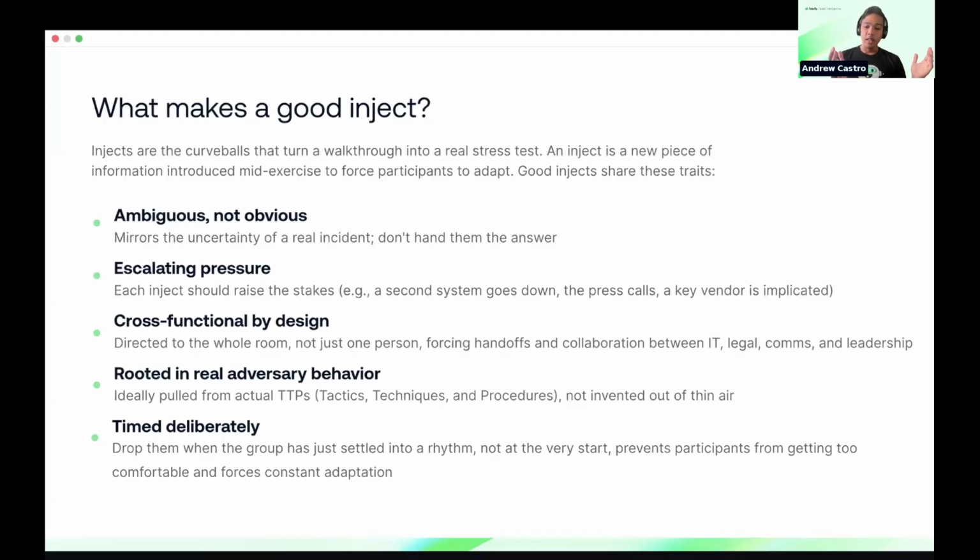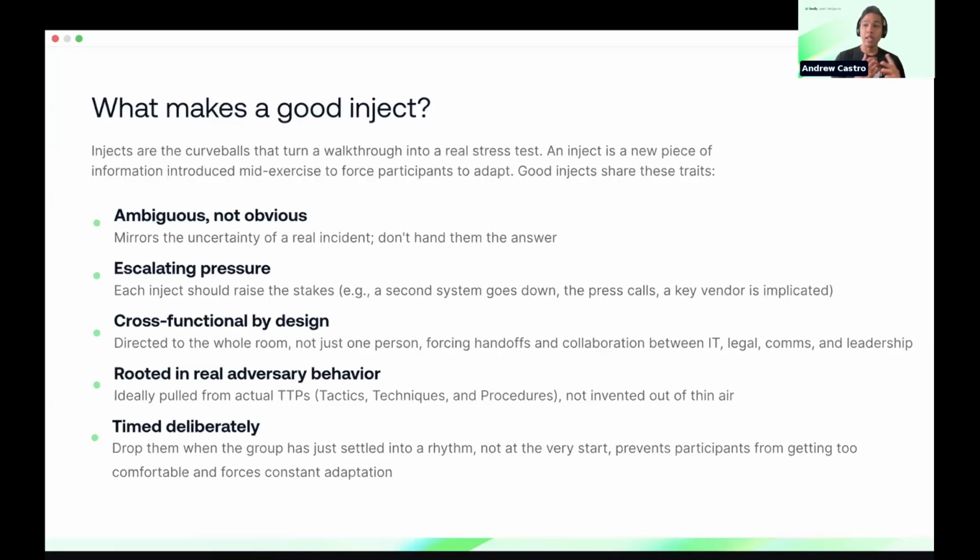Maybe in the private sector scenario, it's like, "Your sysadmin who was responsible for patching that system went on family leave. They're gone, you can't call them anymore." So try to come up with really realistic things.